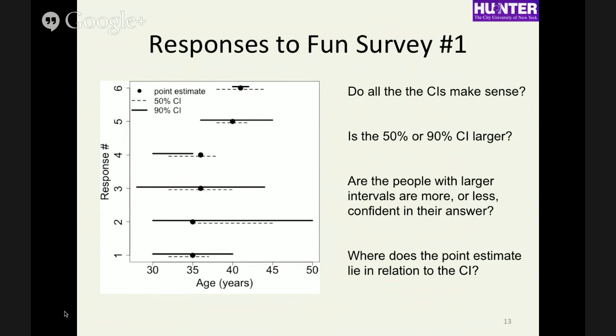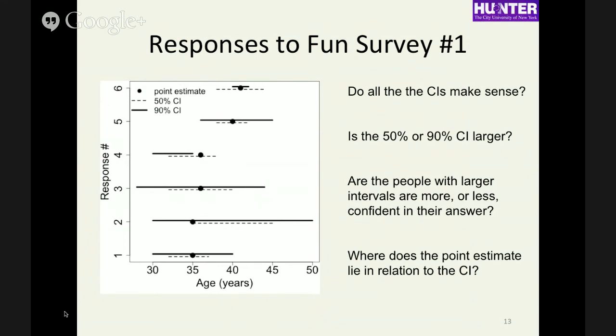So I guess most of these made sense, a few of them didn't. Which is larger, the 50% confidence interval or the 90%? 90, yep. If two people each give a 50% confidence interval, and one of them has a larger one, is that person more or less confident?